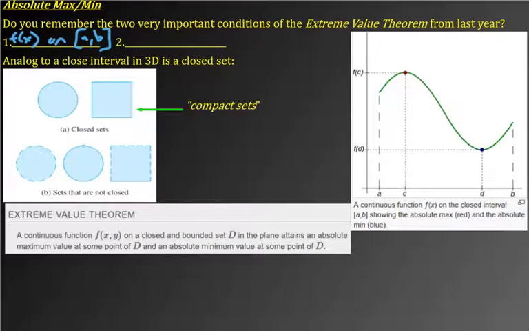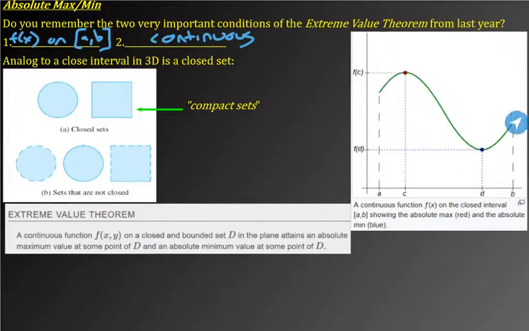And the other thing was that the function needed to be continuous. And this picture is basically summing up what I'm saying. So it was saying that if we have those two things happen, then the curve will somewhere have a highest value and a lowest value.